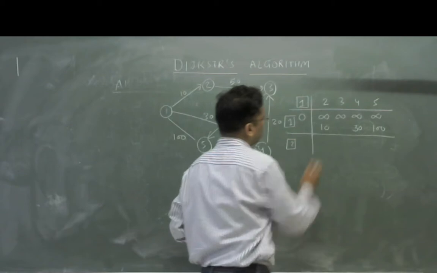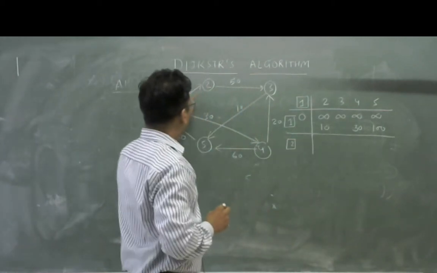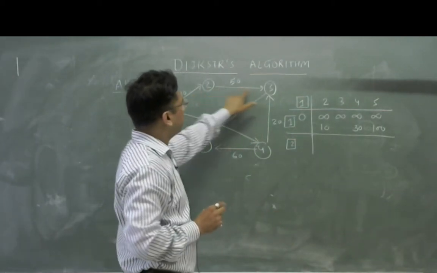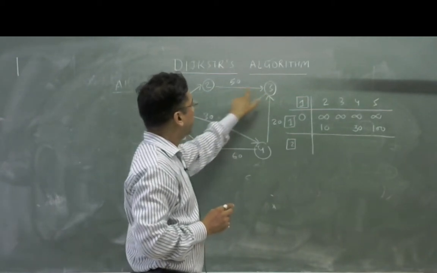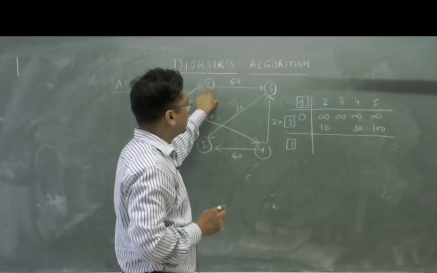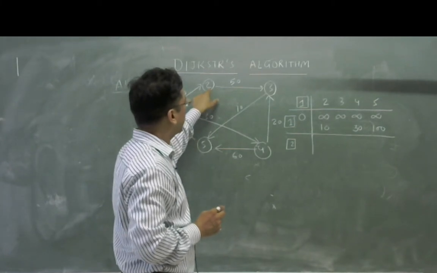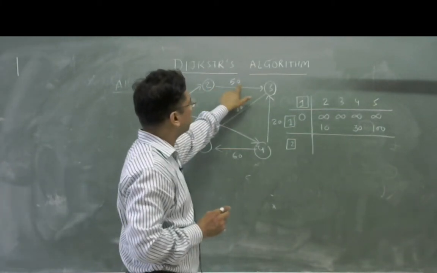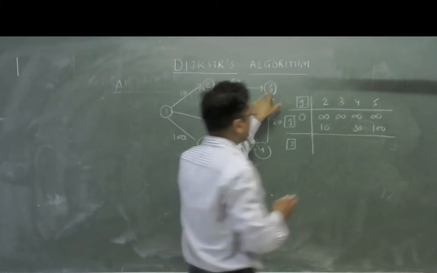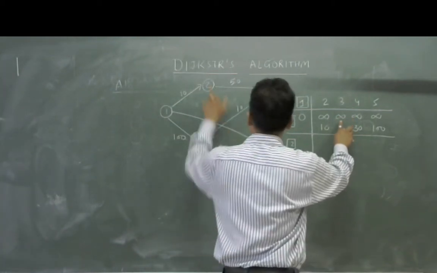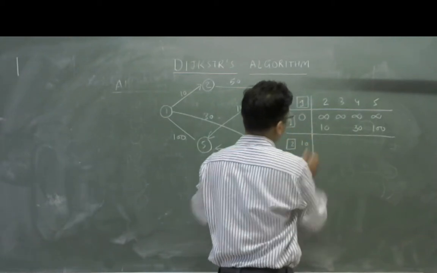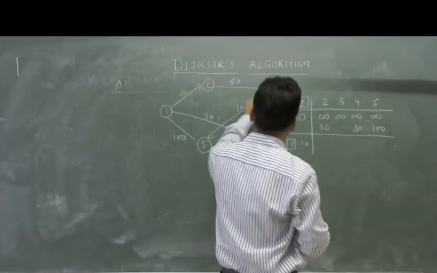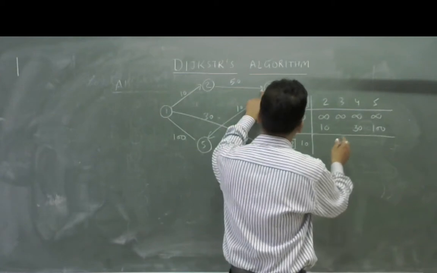Through node number 2, there is an edge which relaxes node number 3. Since node number 2 is at value 10, 10 plus 50 is equal to 60.